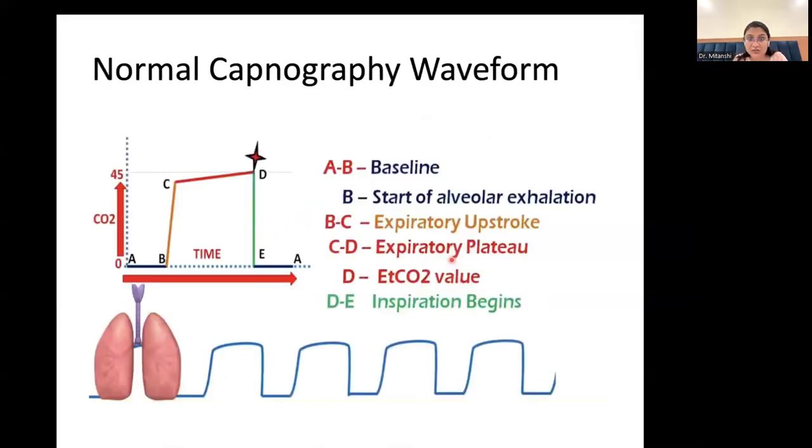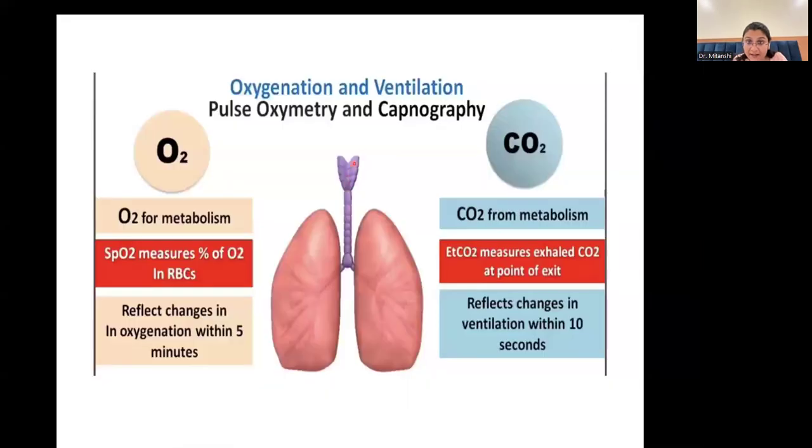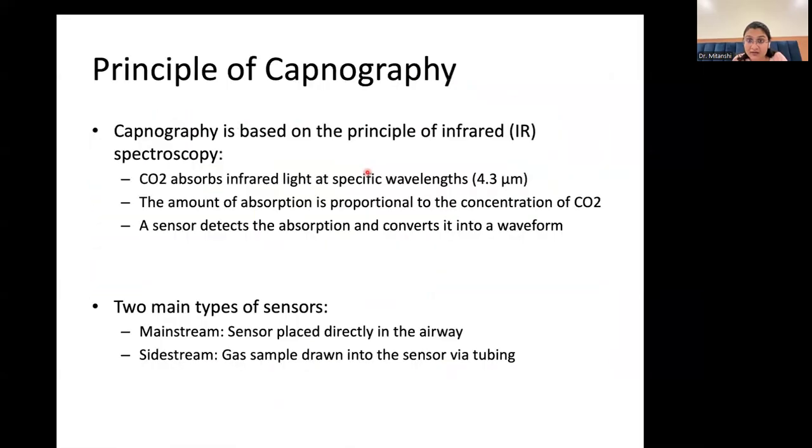Here, the air is now traveling from here to here, back. This air contains CO2, but first this part of air will travel, and then it will make space for this part of air to come out of my respiratory airway. I want you to keep this in mind while we discuss the normal capnograph.